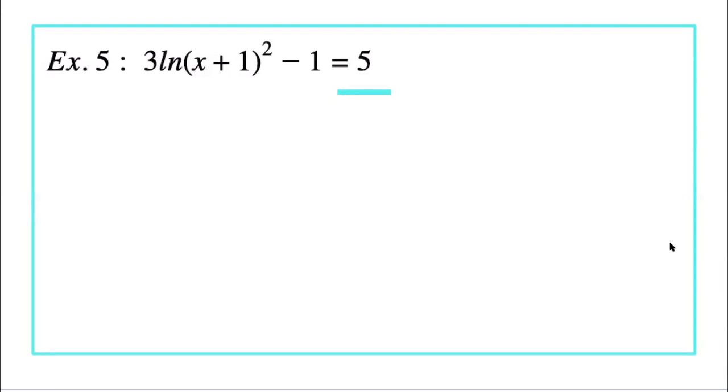Would you multiply the 3 in front of ln by the 2 exponent? You could, yeah, you can definitely do that. Take this 2 and bring it down here.